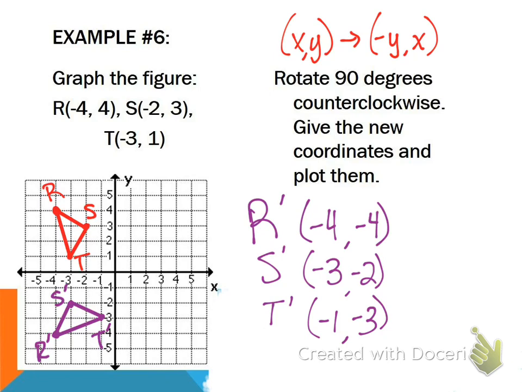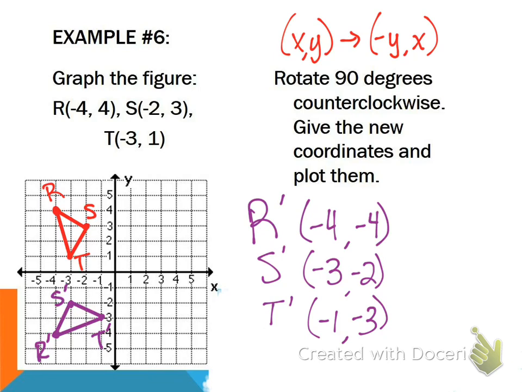So we should be able to see we took this point up here and we turned it down to the bottom. Took S and turned it down here. Took T and turned it down. Questions, concerns?